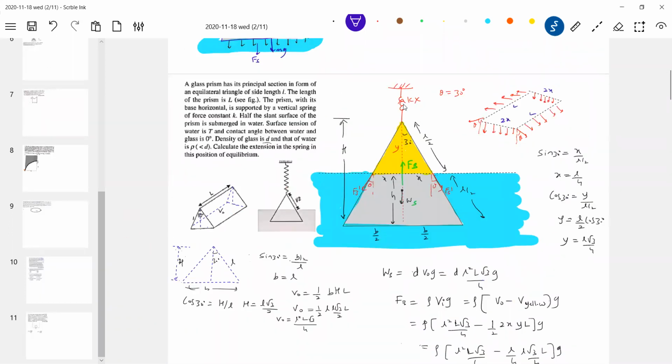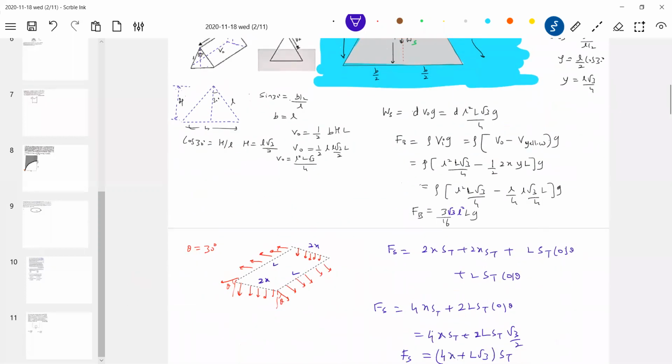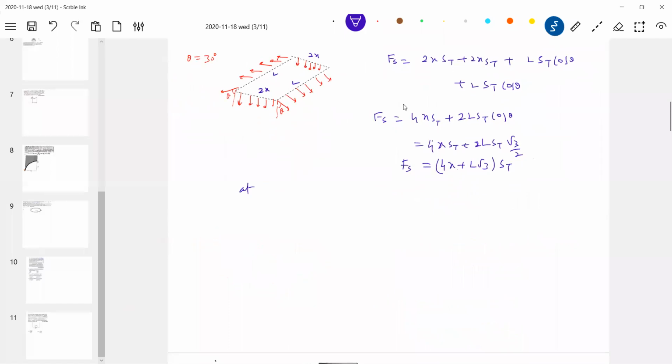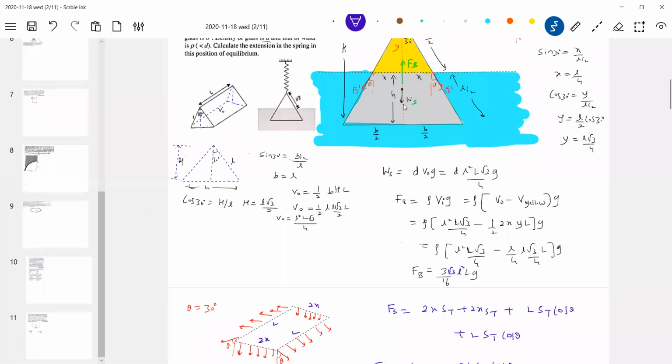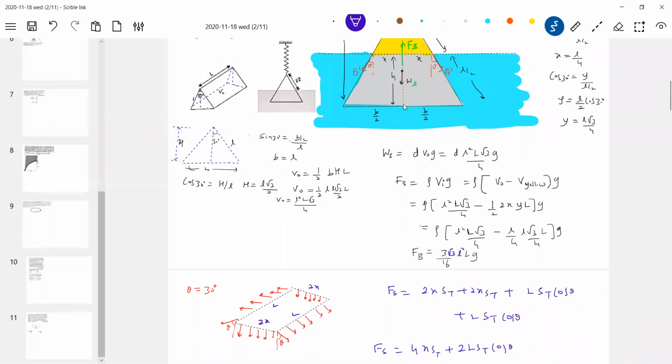Spring force, buoyant force, weight, and force due to surface tension. So spring force at equilibrium of the prism. Net force due to surface tension, that is this one. Here I think we have written Fs dash. I think it is correct. The resultant force is what we are showing like this.